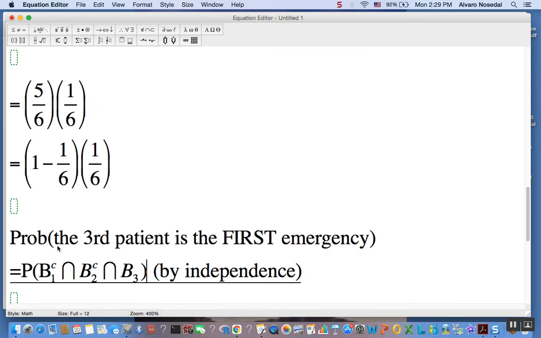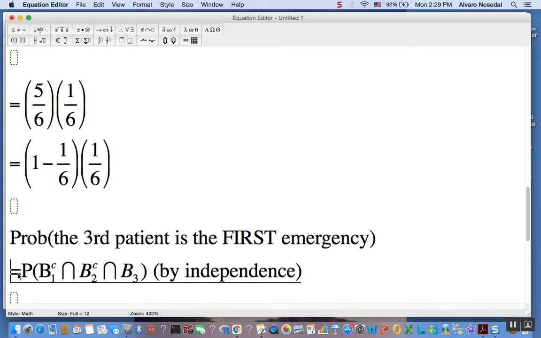And then again, we have the probability of an intersection, okay?